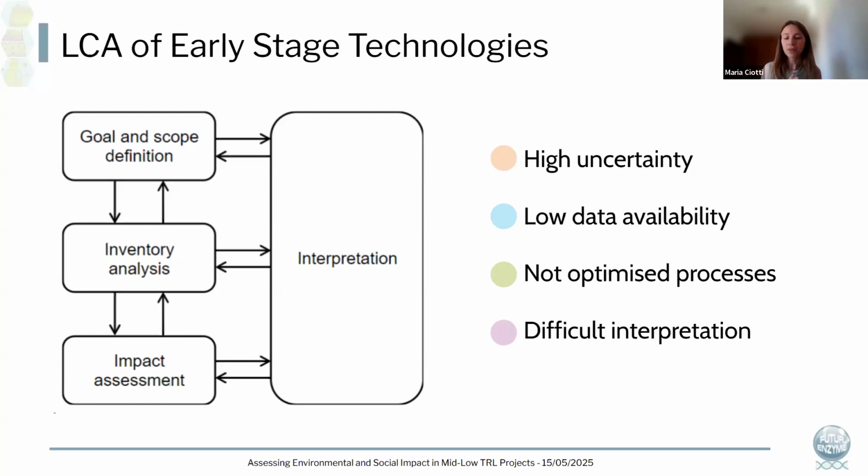What is difficult when we talk about early stage technology, so technology that is still not on the market, that is not active in a production system, so for example, when there are just assessments done in the lab, is that we have a high uncertainty level.